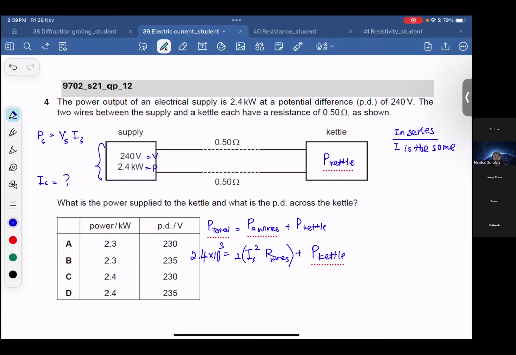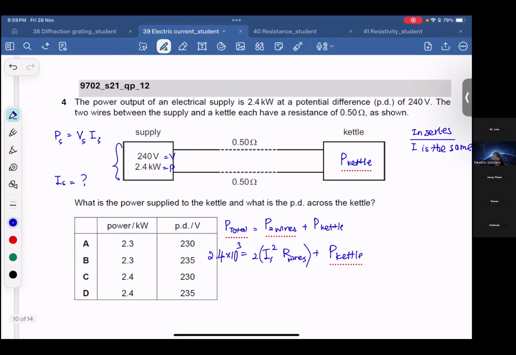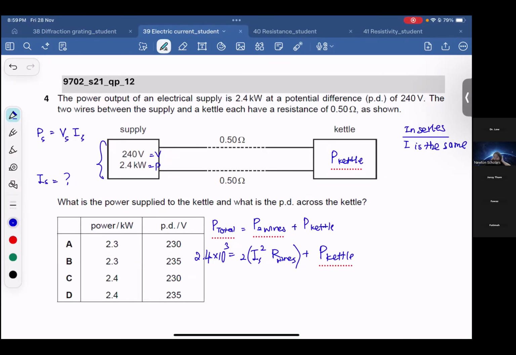Why times 2? Because I got two wires, dear. Two wires here.